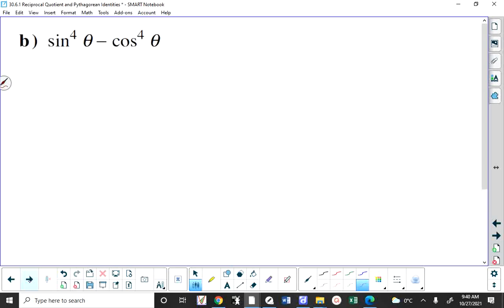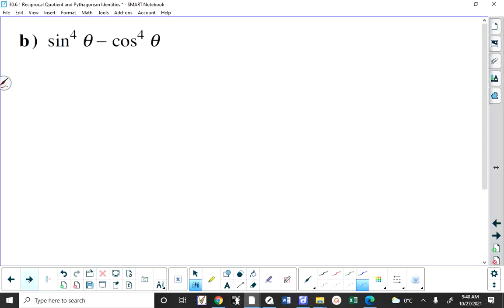Another suggestion is to look out for recognized pieces of identities like 1 minus cos squared or 1 plus cotan squared. Well, there's nothing here that I recognize. There's no identity on my formula sheet that has a power of 4. Another suggestion is to put fractions together with a common denominator, but there's no common denominator.